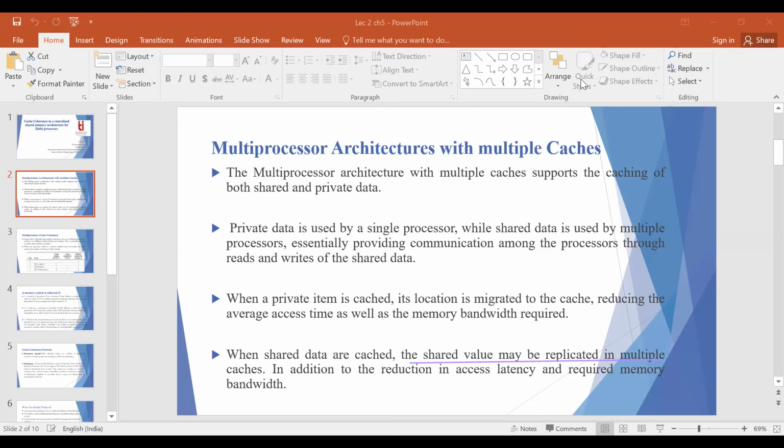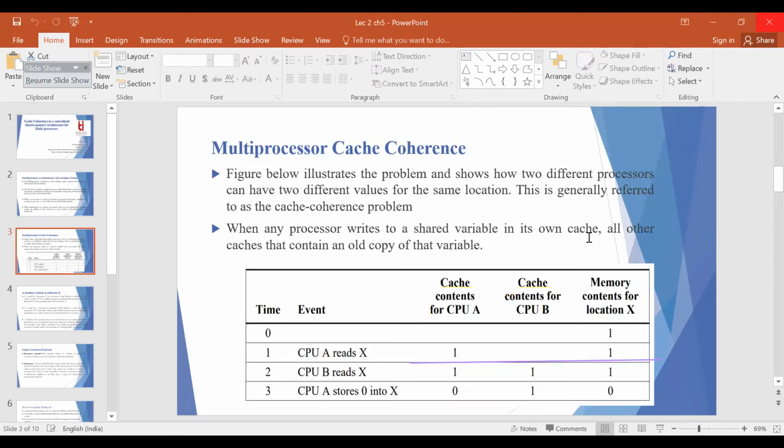So whenever we talk about a shared item, it has to be available in all other caches as well. And that causes a cache coherence issue, which is very, very important to be addressed by a multiprocessor architecture, right?